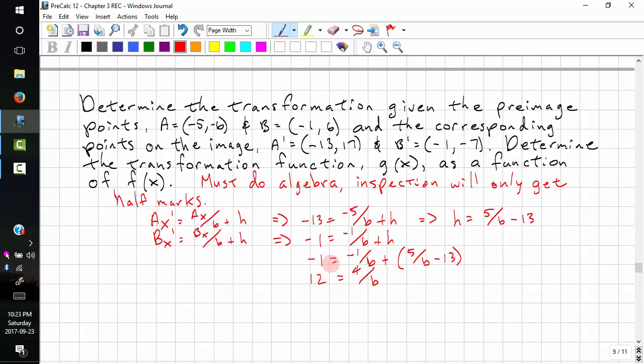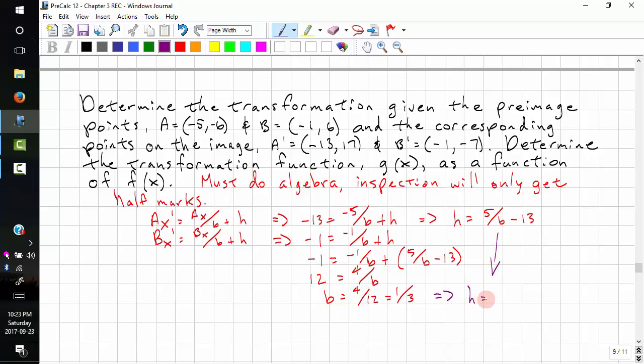Now we can cross multiply. The b comes up to the top of this side. 12 goes on the bottom of the other side. And this reduces to 1/3. Now we substitute this back into here.